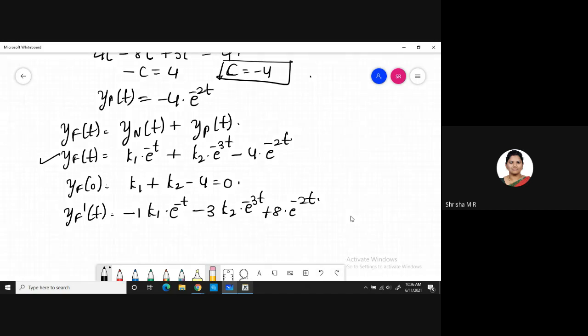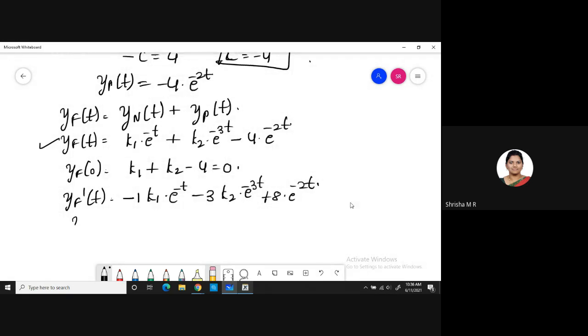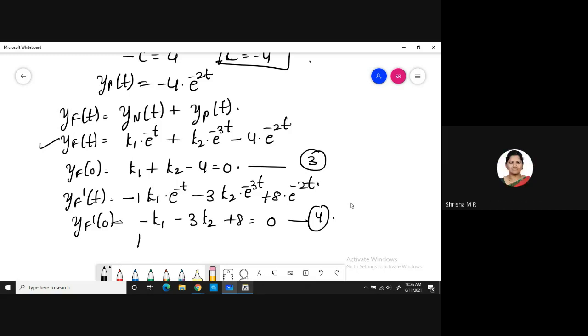So if you substitute t is equal to 0, yf dash of 0 would be equal to minus k1 minus 3k2 plus 8 is equal to 0. This is your equation 3 and equation 4. Try to find k1, k2. Ma'am, it's 2 and 2. K1 is 2, K2 is also 2.